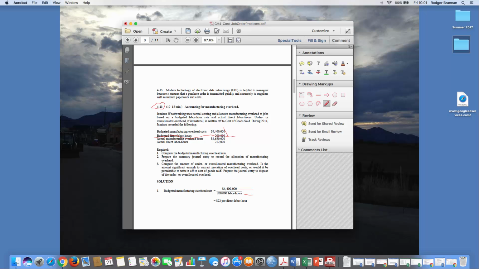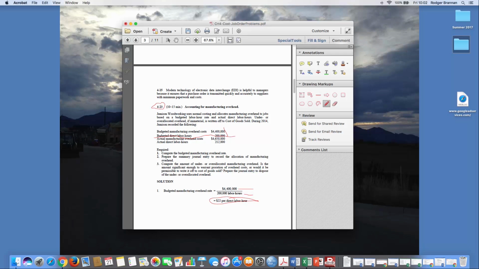So the predetermined overhead rate in this case is $22 per direct labor hour. So for example, if a job requires 10 direct labor hours, I would apply $220 of overhead to it, okay? And once I come up with this rate, I stick with it throughout the year. I don't deviate from that. If the actual overhead is going to be different, fine, I will reconcile that at the end of the year.